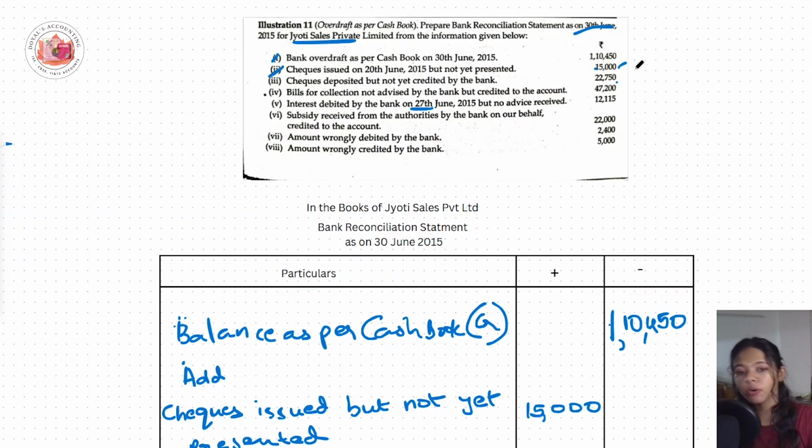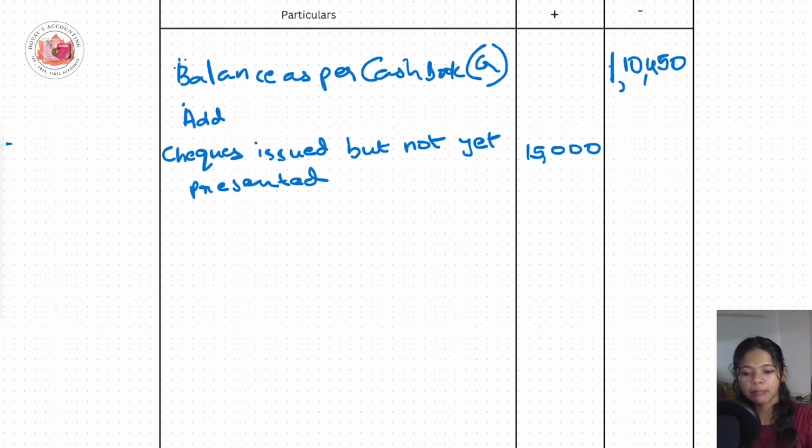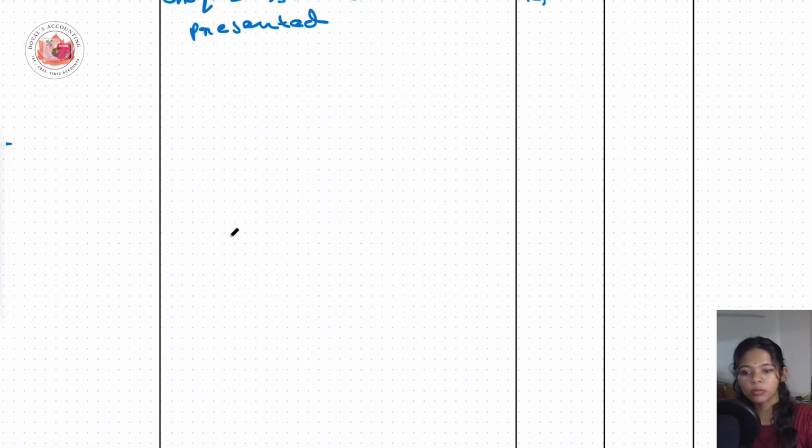Let's see the next transaction. Checks have been deposited but not yet credited by the bank. In our cash book, we have recorded that we have received this money, but this is not the case in our passbook. So that means our cash book balance is more than our passbook balance. If I need to equalize it, I will reduce. So these checks deposited but not yet credited will be in my less column.